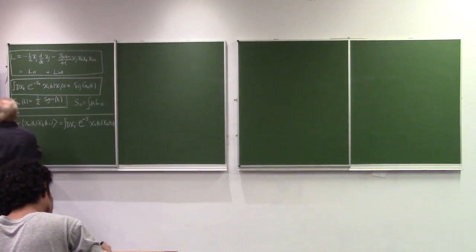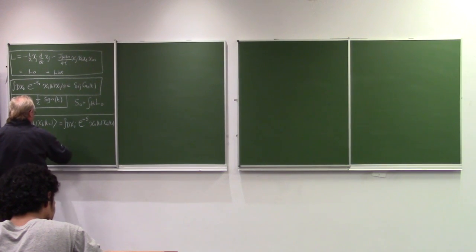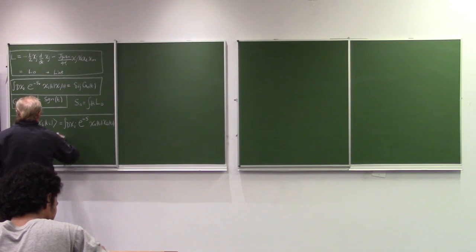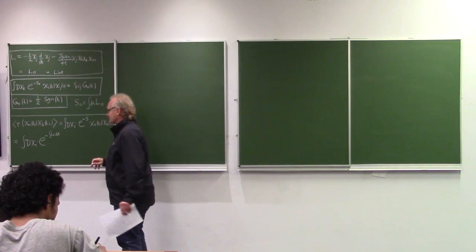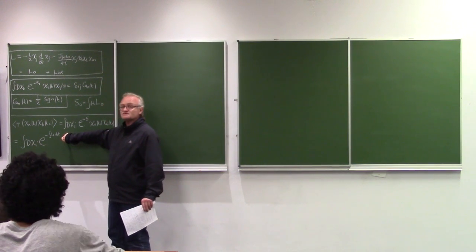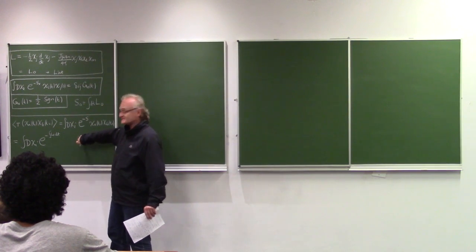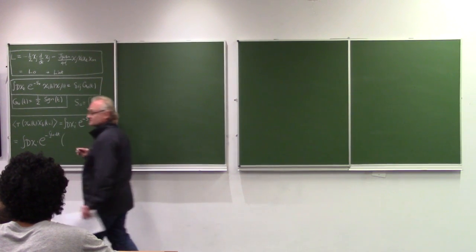So we will write this as an integral d chi, e to the minus integral L naught dt. That we don't expand. But then we would have a second term here, e to the minus integral L interaction dt. And we're going to expand the e to the minus integral L interaction dt.